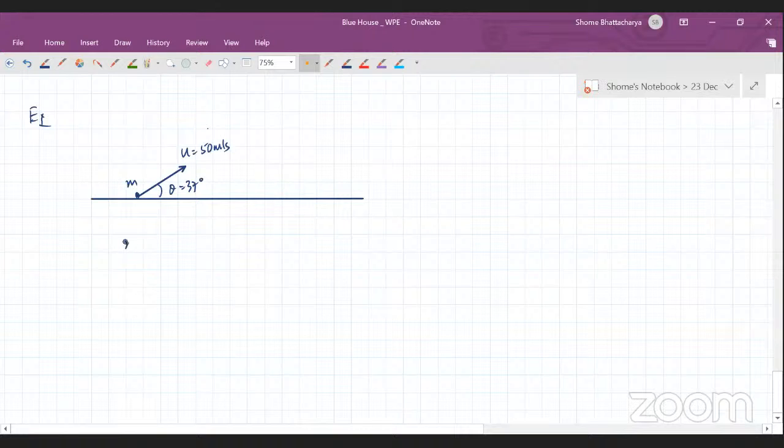A body of mass 5 kg is projected at t equal to 0, as shown.